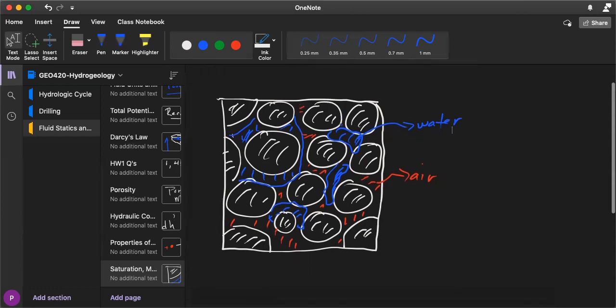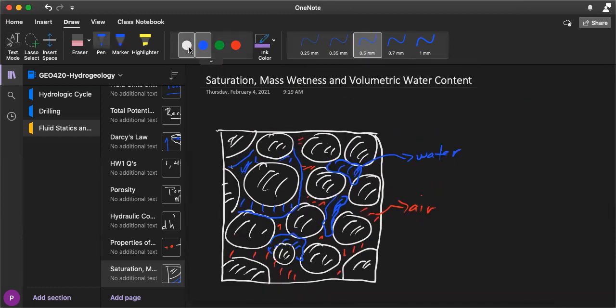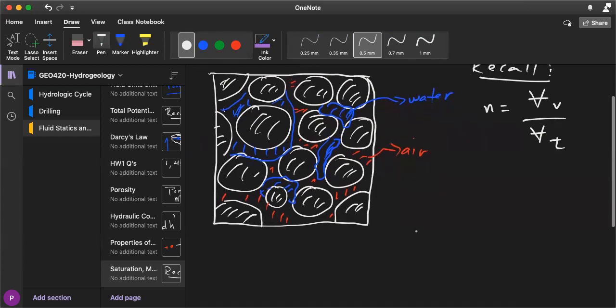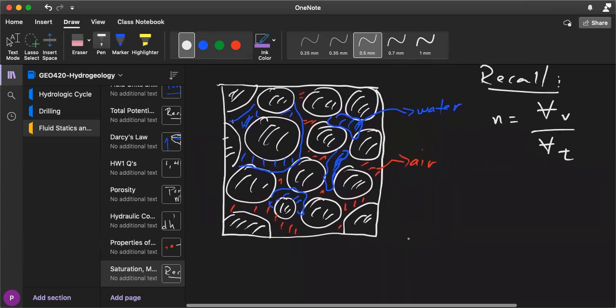So first of all, let's recall, what's porosity again? Volume of the voids over the total volume. Now, the first one we're going to talk about, because it's pretty simple, is volumetric water content.